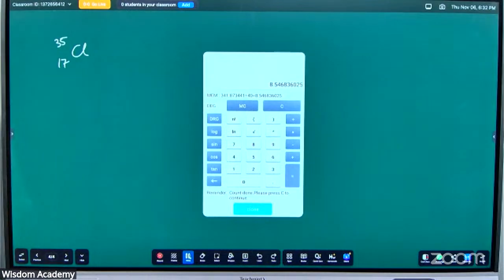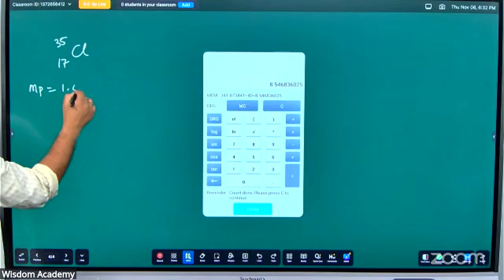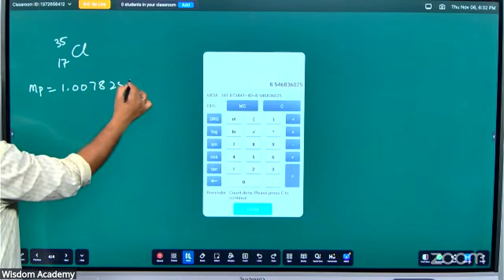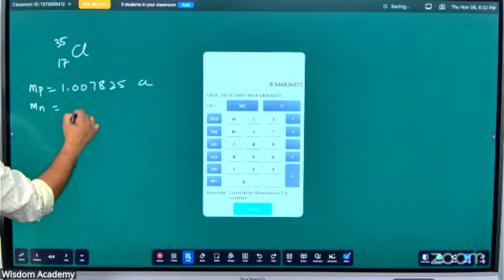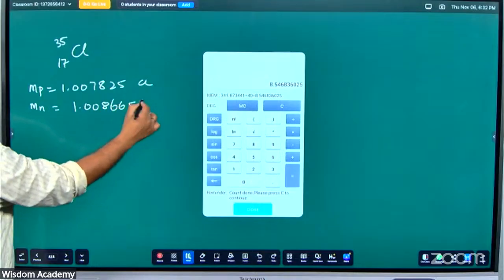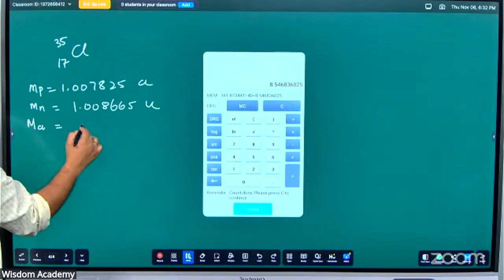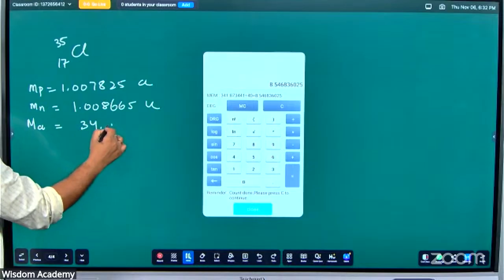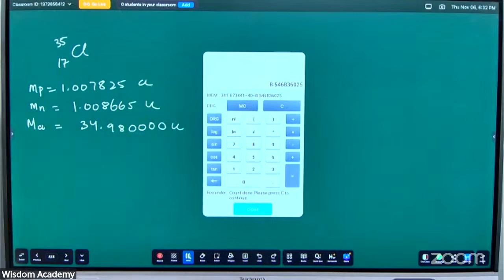That is, they have given the mass of proton the same as what I gave in the previous one, 1.007825 U or AMU, whatever. Mass of neutron is 1.008665 U. And mass of chlorine, that is observed mass of chlorine, was given as 34.980000 U. That is 34.98 only. This is the given data.